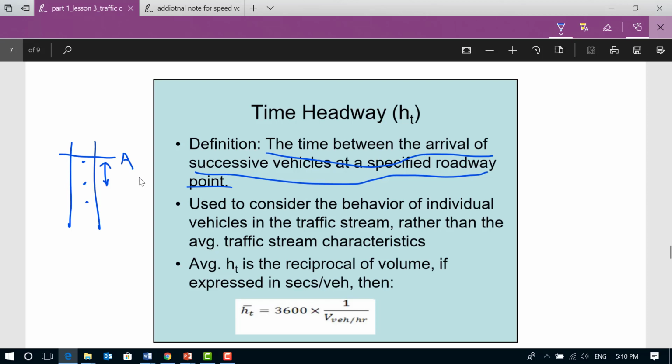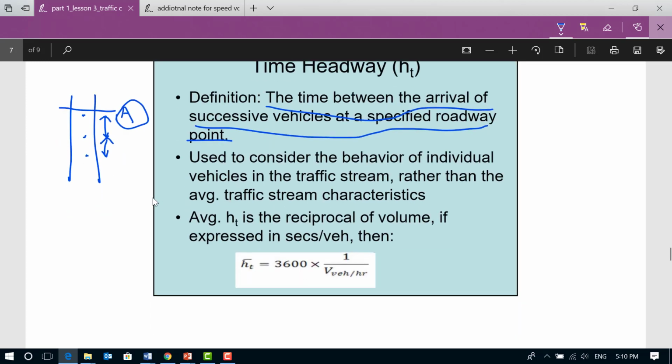And what is the arrival time difference between vehicle 2 and 3, and so on, when they pass the same roadway point?